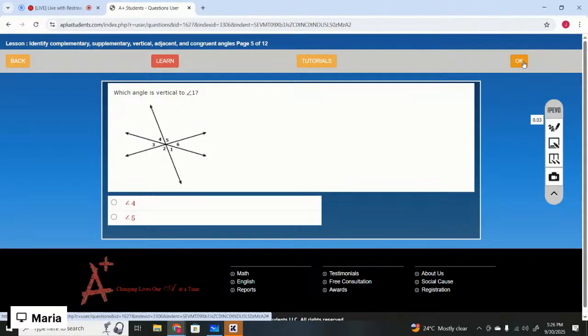Which angle is vertical to angle 1? The one that is vertical to angle 1 is angle 4. Option number 1 is the correct option.